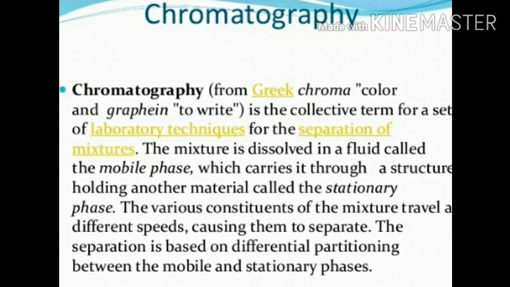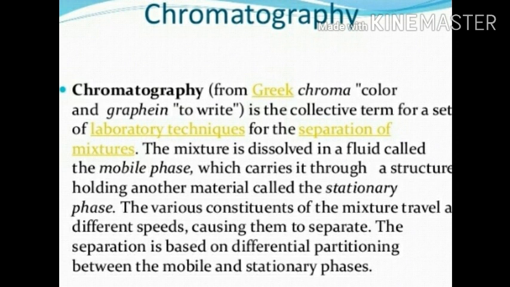What do you mean by chromatography? It is a Greek word: chroma means color and graphein means to write. It is the collective term for a set of laboratory techniques for the separation of mixtures.